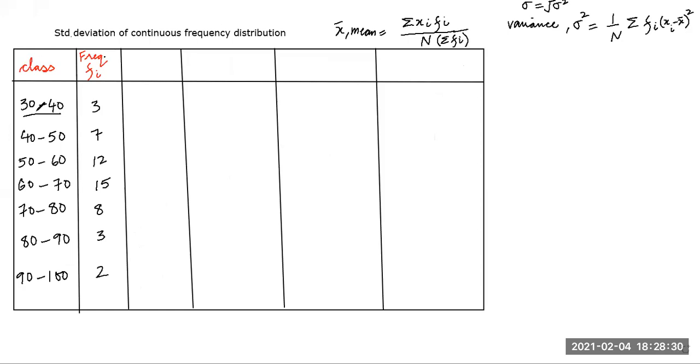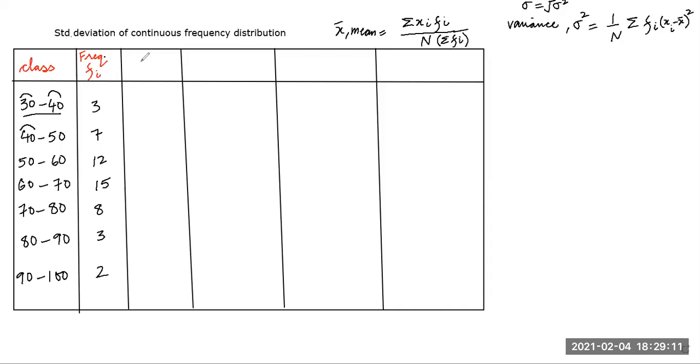Even if it is not continuous, suppose it was 30 to 40, then 41 to 50, 51 to 60, it's very easy to convert into continuous frequency distribution by subtracting 0.5 from the lower term and adding 0.5 to the upper term. We do this only in the case when the upper limit of an interval is not matching the lower limit of the next interval. But in this case, it is matching, so we need not do anything, right?